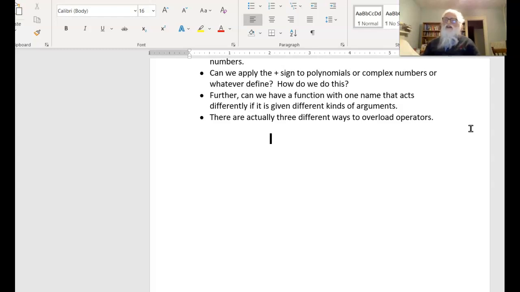Now, everything I've done could also have been done instead of an array using a vector.